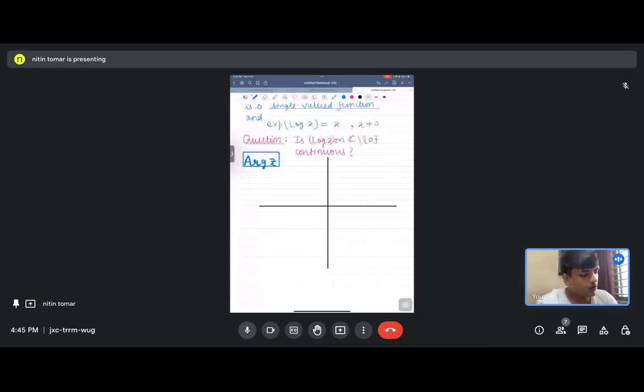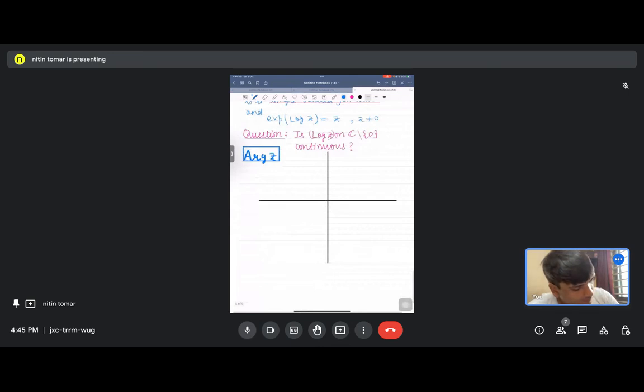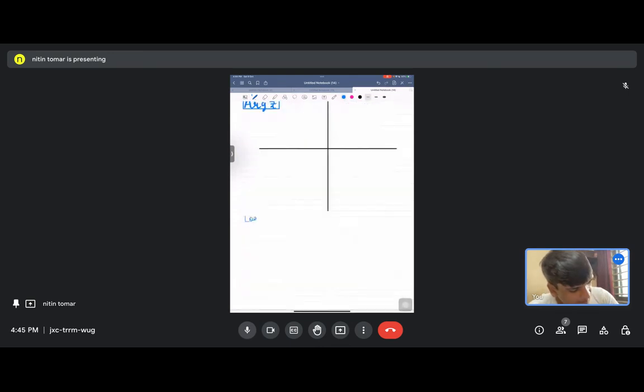So see, in log z, what is the definition of log z? Log z is ln mod z plus iota times the principal argument of z. Correct? Yes or no? Yes, sir.